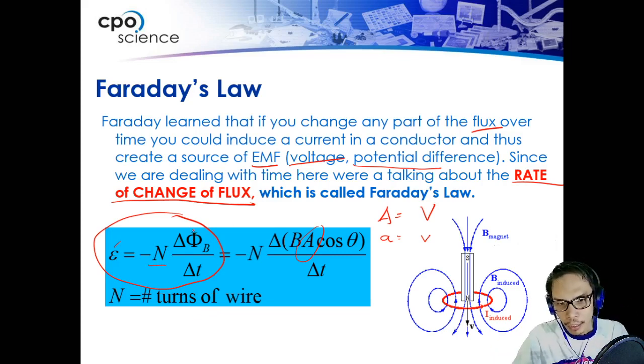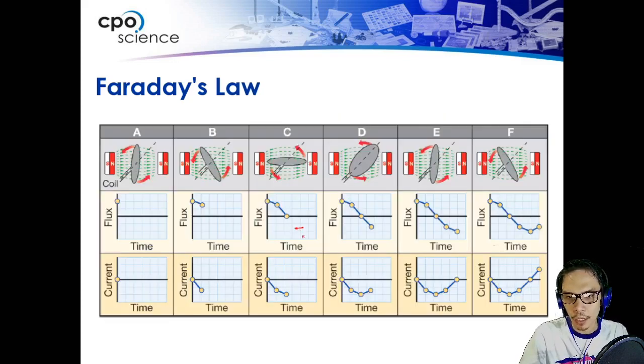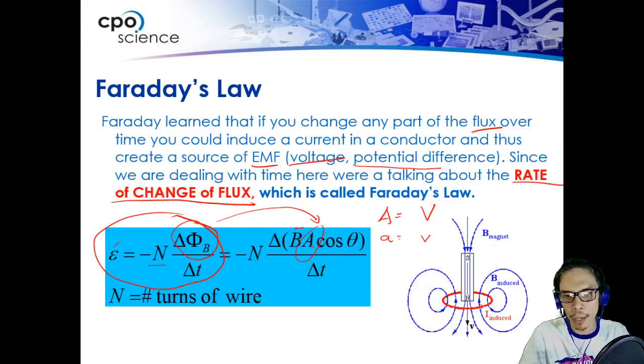Next, we have the magnetic flux over here. If we break down this symbol, it is obtained using this formula: magnetic field intensity, which is the strength of the magnet, times the area, then the cosine.